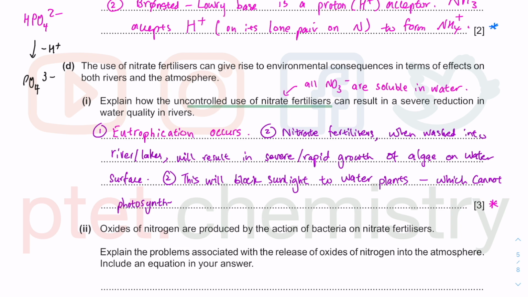If they cannot produce food, they cannot produce oxygen. So therefore, the dissolved oxygen in the river water drops or decreases, and as a result, aquatic animals will die, and the ecosystem is destroyed.